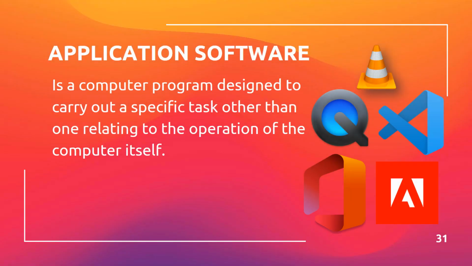simple like that. The application software is a computer program designed to carry out a specific task other than one relating to the operation of the computer itself. Hii ni kwamba iko ndani ya operating system software, manake iko ndani yake. Tuseme mfano VLC used for media, QuickTime also, Microsoft Office used to type and create a new document.